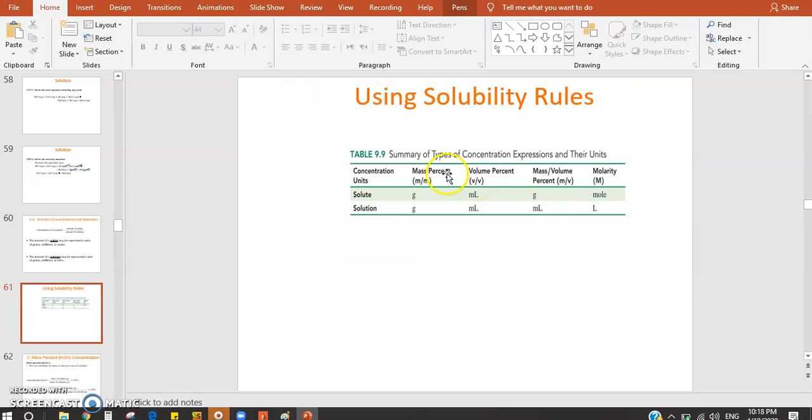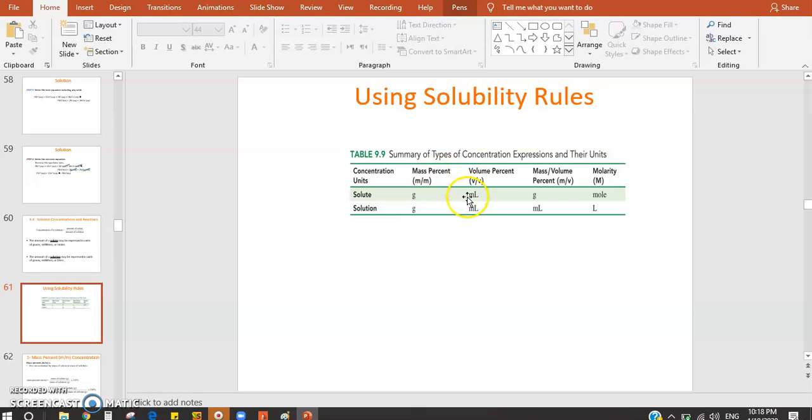So we can have the amount of solute in grams, or in mils, or moles. We can have the amount of solution in grams or mils or liters. So when you have a formula where you have the solute in grams and the solution in grams, we call this M divided by M, mass percent.